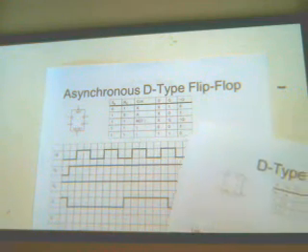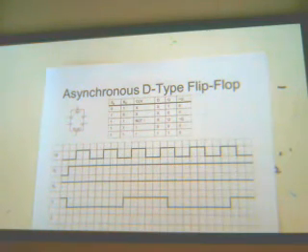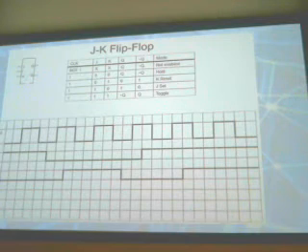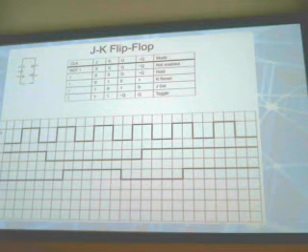Okay. So now, there's another kind of clock we need to talk about. We talked about it the other day. This is the type of clock that is only going to fire on the leading edge.